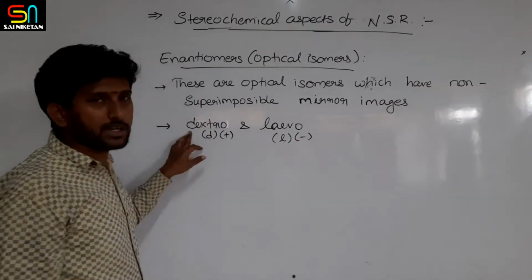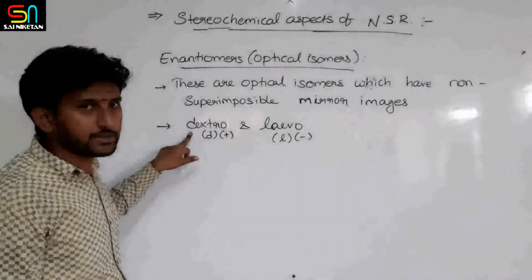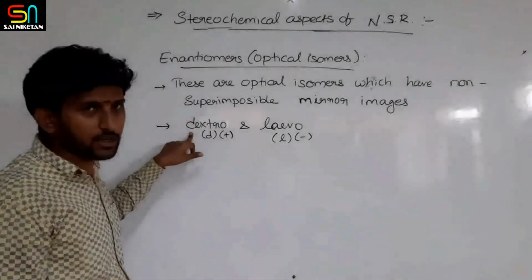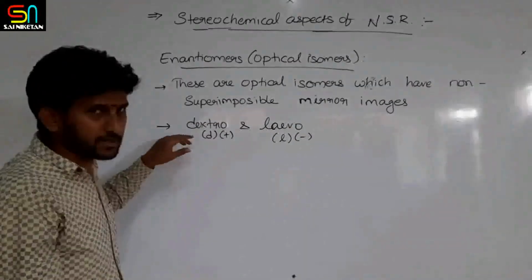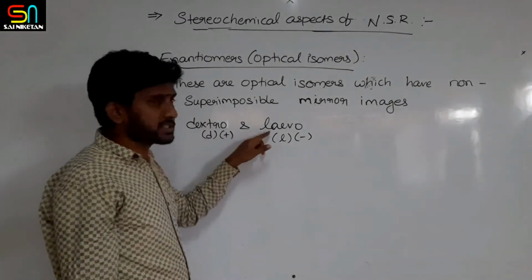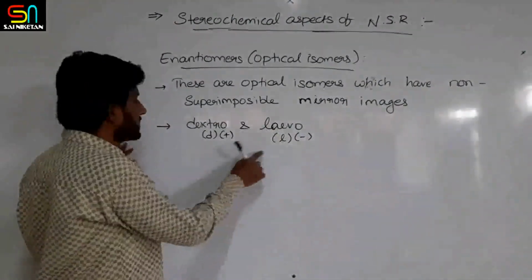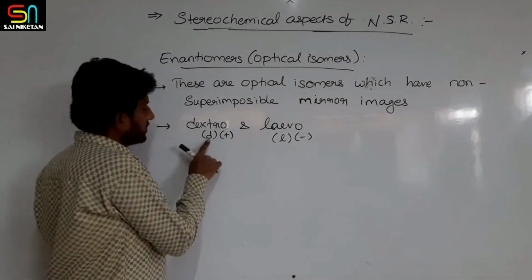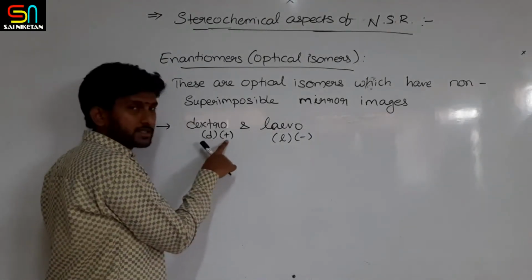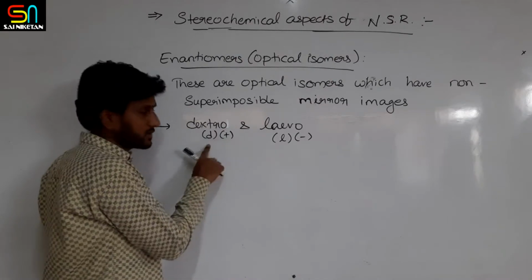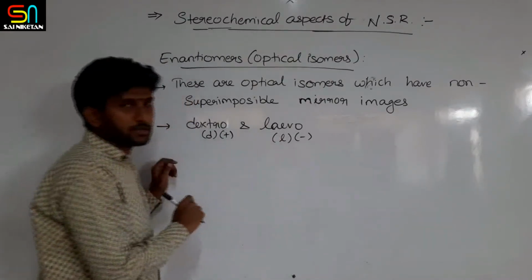The word dextro means right-handed rotation of plane polarized light takes place. Levo means left side or anti-clockwise rotation. That's why these symbols are used: D or plus sign, and L or minus sign.